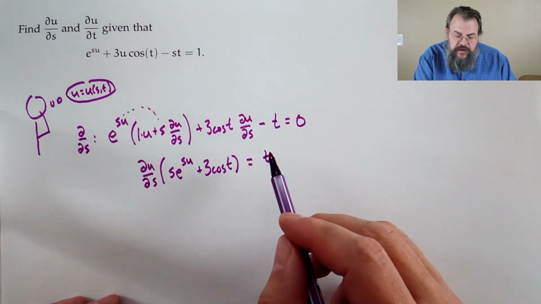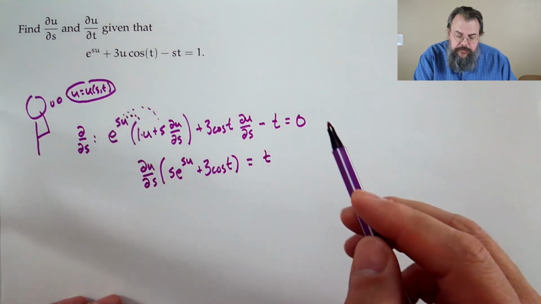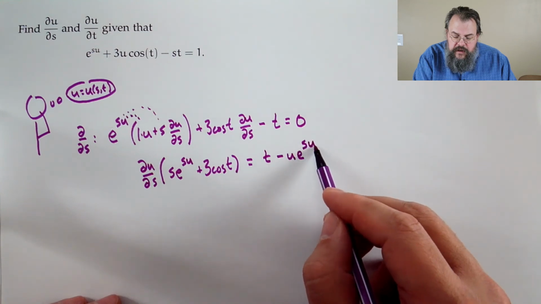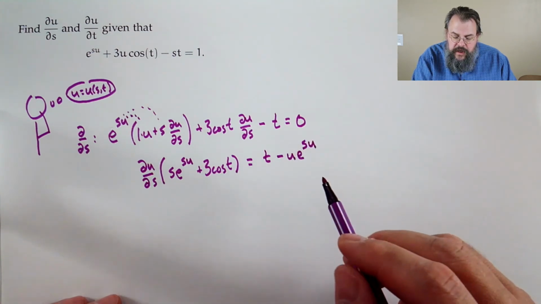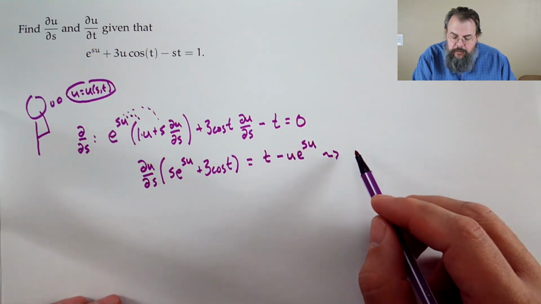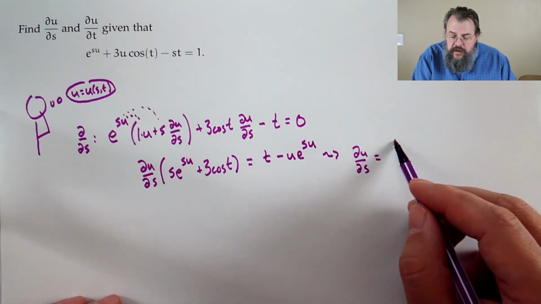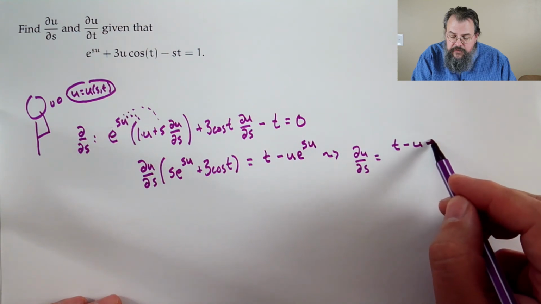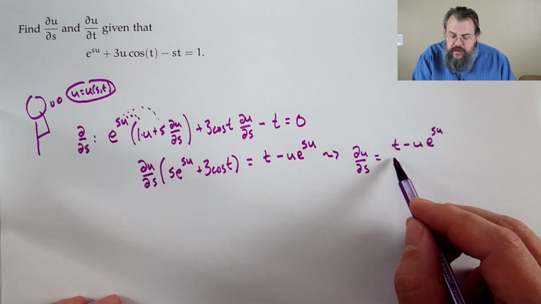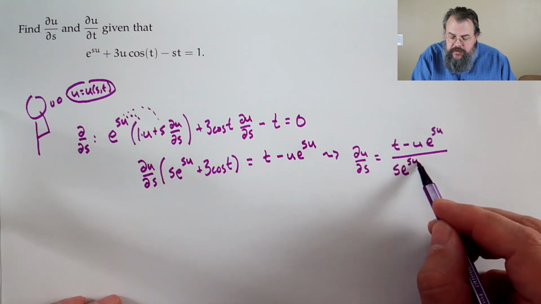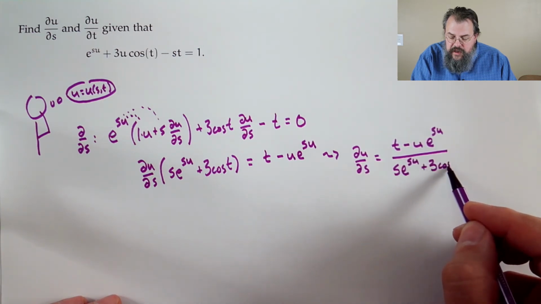That'll become a positive t, and then we have this other term, which I'll write as minus u e to the s times u. All right, which tells us partial u partial s is t minus u e to the s times u, divided by s times e to the s times u plus 3 cosine t.